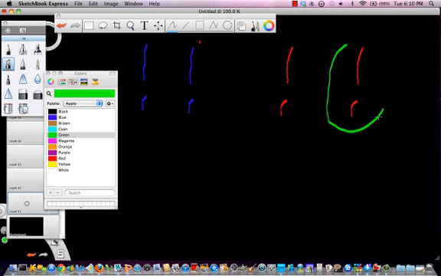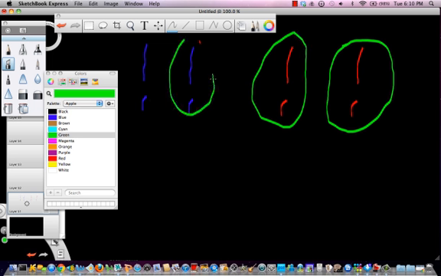So here is 1 cell, 2 cell, and so on. And now each one of these cells is going to represent a gamete.